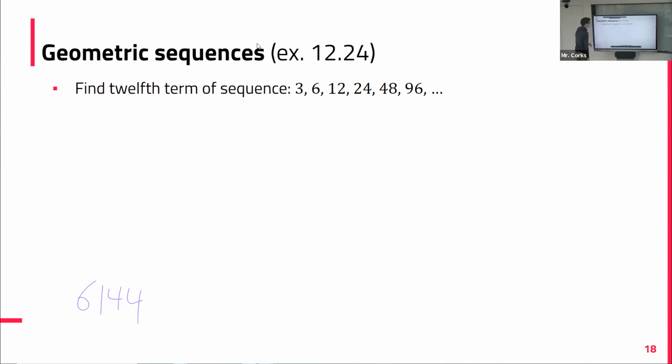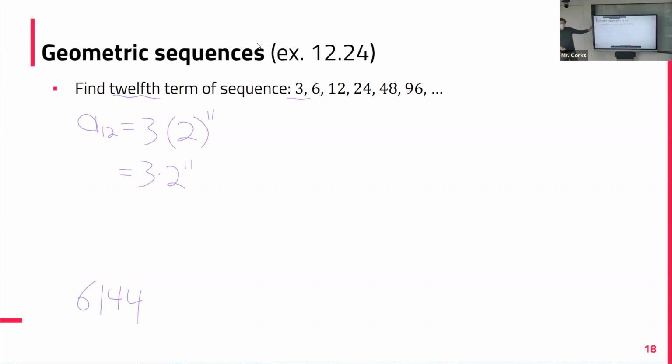So our 12th term, same formula, A12 equal to, there's our first term here, 3. And what is our ratio? 2. Okay, we're just multiplying by 2 each time, so 2. And our exponent here, 12 minus 1, 11. So just that: 3 times 2 to the exponent 11.